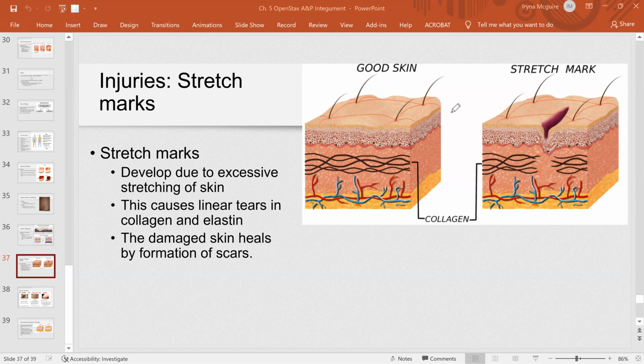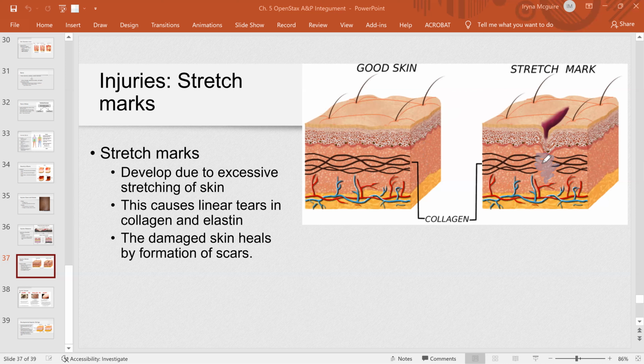So again, let's look at skin. We have epidermis, we have dermis. In the dermis, you have collagen and elastic fibers. So if you stretch it to the point when you have this linear tear, you heal by forming a scar.